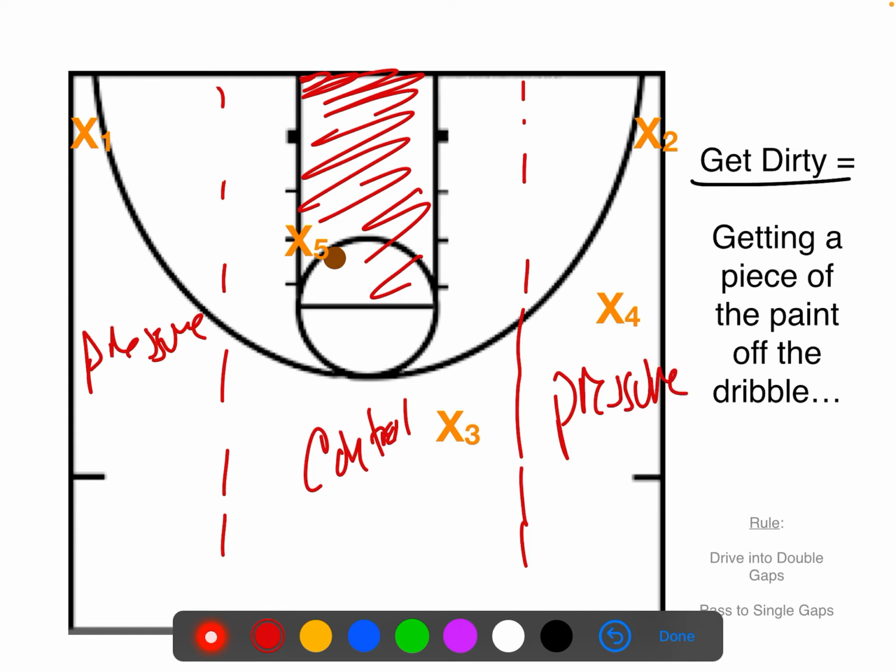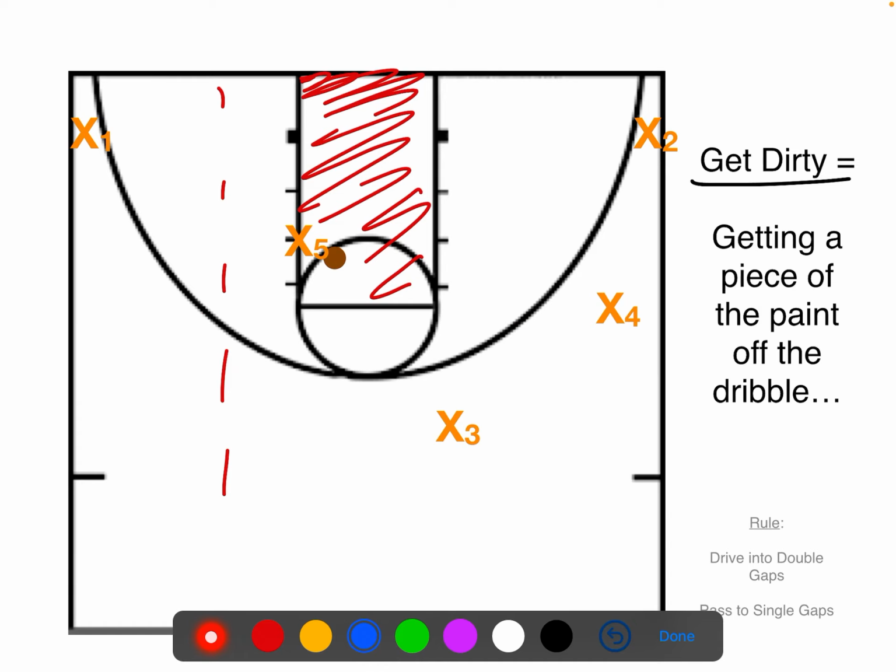The reason we do that, everything we do is to try to keep the ball out of the middle. We want to keep the ball out of the paint on defense. So what that means for us on offense is that we want to do everything we can to get into the paint. We call it in Ludington basketball, get dirty in the paint. So in flow, we are doing a lot of passing, and you guys are doing a nice job passing, cutting, filling, moving, all that kind of stuff.